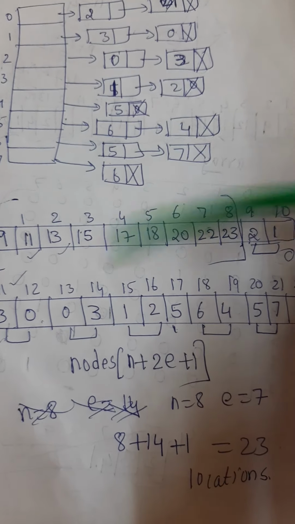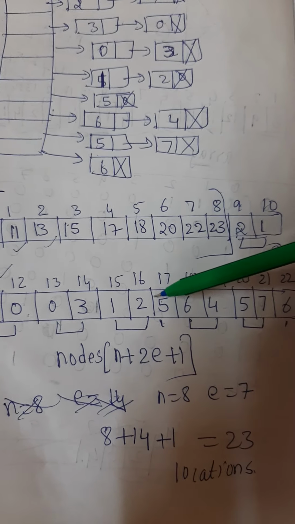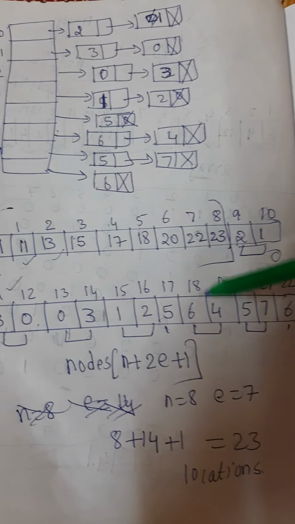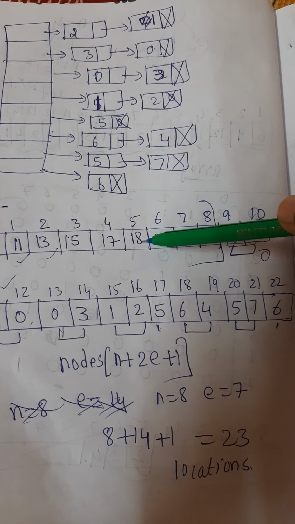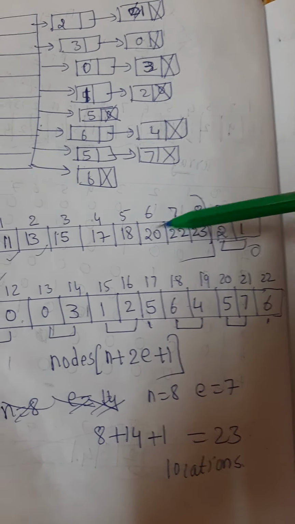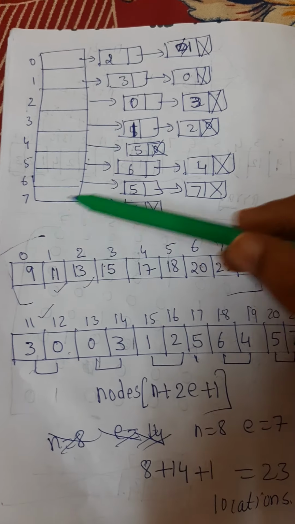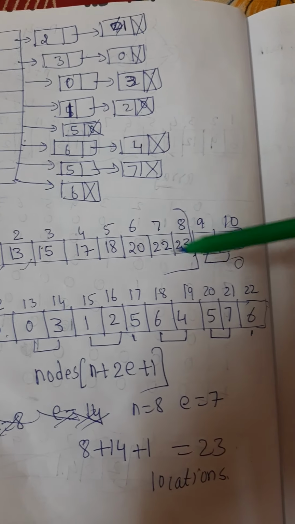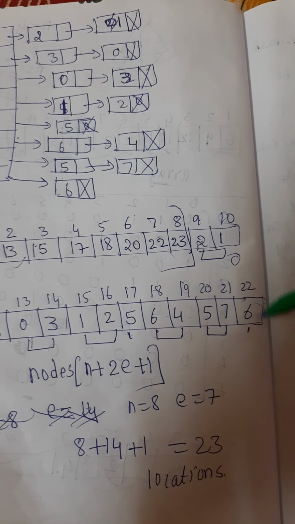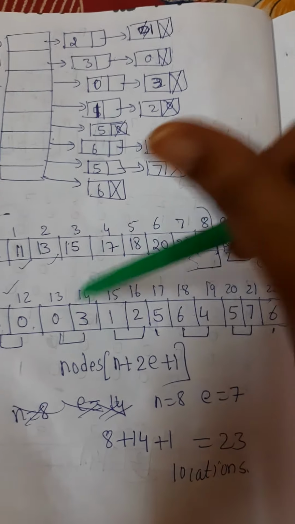Now for 4, it is 5. Where is it starting? At 17. Next, for 5, 6 and 4, where is it starting? 18. Next, 6, 5 and 7, where is it starting? At 20. Next, for 7, where is it starting? At 22. Now 8 will be the last, 23. So this is the thing.